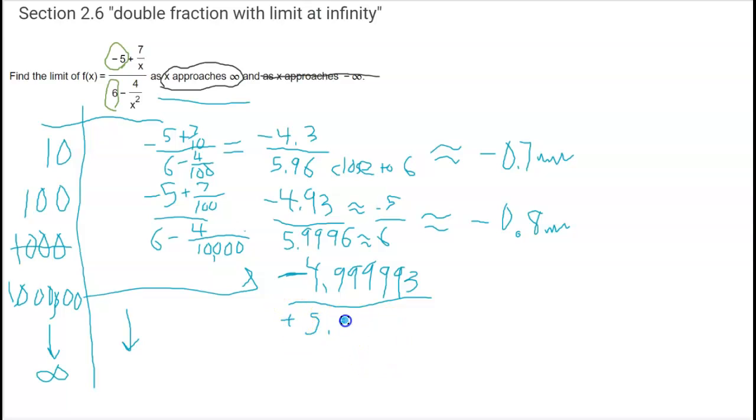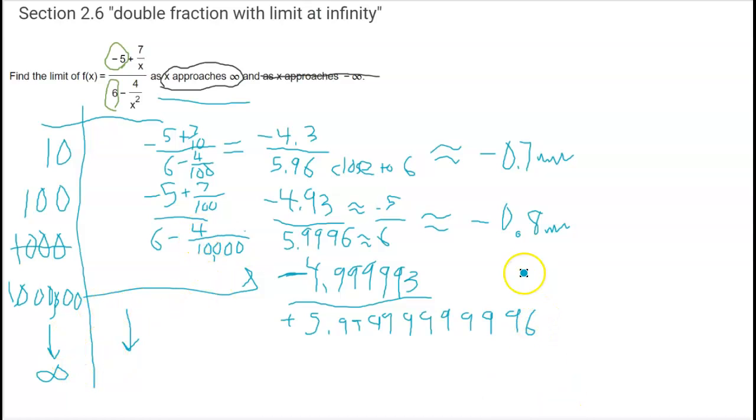It's positive 5.999... All right, I'll be annoying. I'll write out all 11 of the 9s. Oh, I'm getting bored already. 11 of the 9s, and then we've lost 4, so there's a 6 at the end.